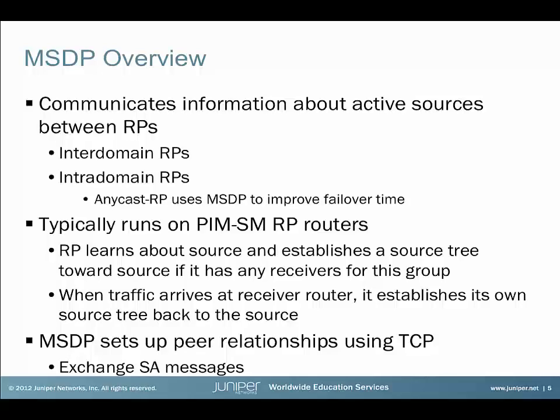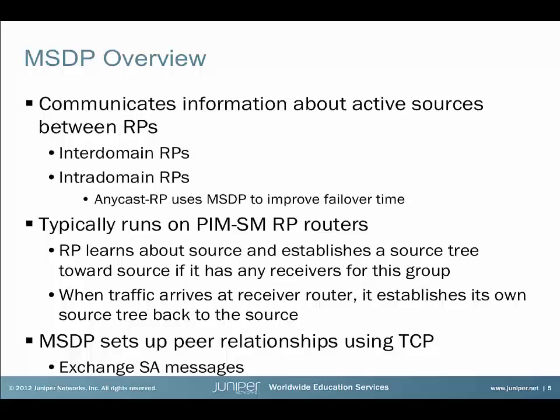MSDP is typically configured on PIM sparse mode rendezvous points, although it's possible to configure MSDP on non-rendezvous point routers as well. In the interdomain setup, there might also be domains that never have any sources but still need MSDP to enable transit multicast traffic across their domain.